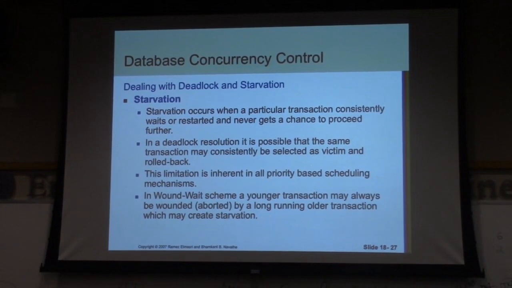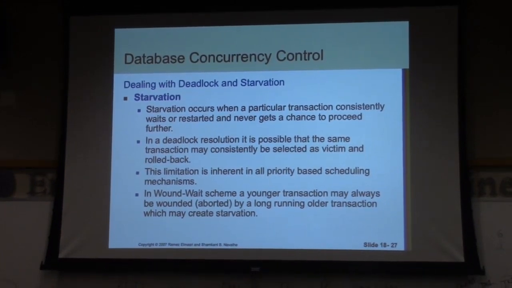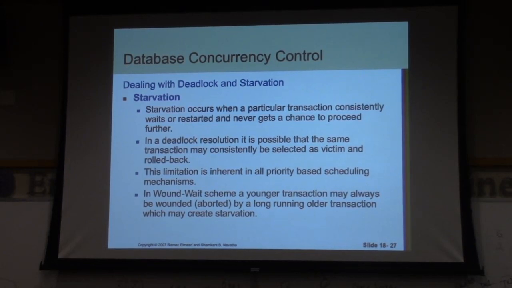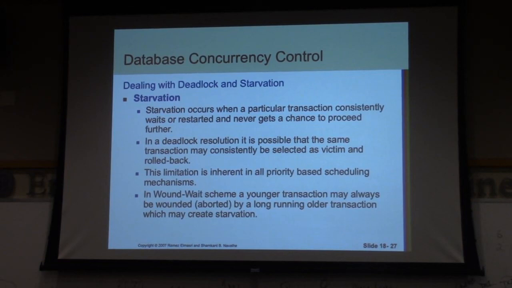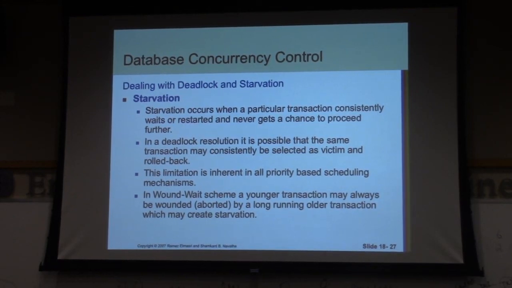For example, if the younger one starts again, it will be terminated again. So the lock manager adds to the algorithm a way to avoid starvation: if we try several times, escalate. There are priorities.